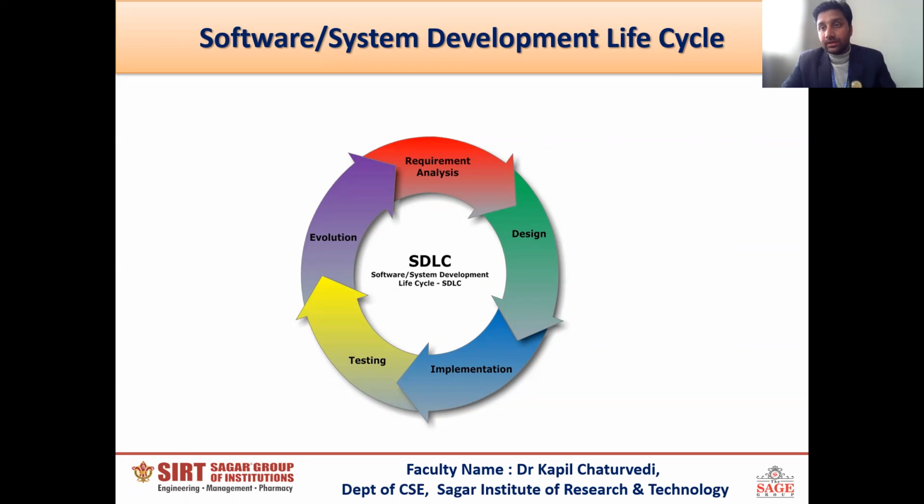What is the need to develop that software? This is the phase where requirement analysis will be carried out. The analysis phase is where we try to understand and learn what is the actual process which we have to develop.